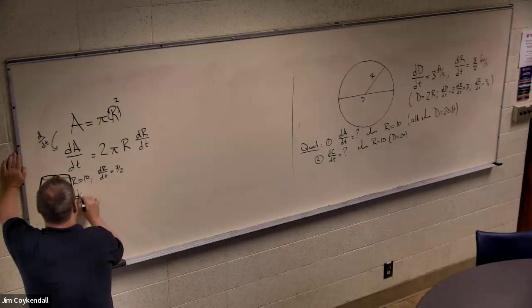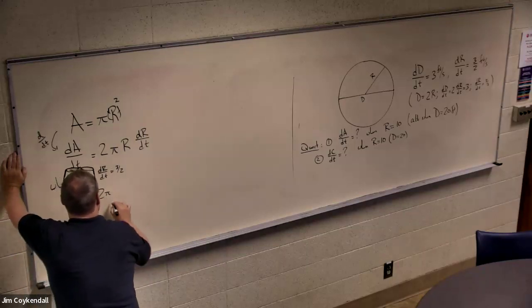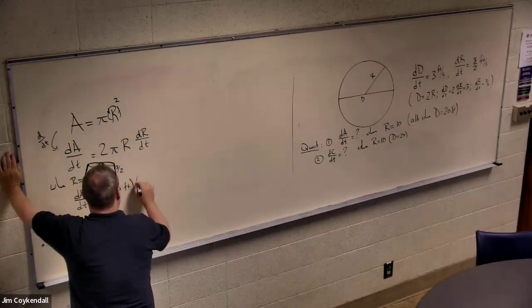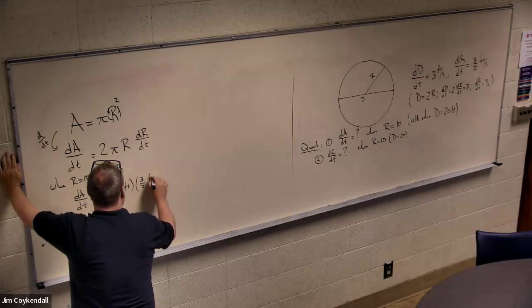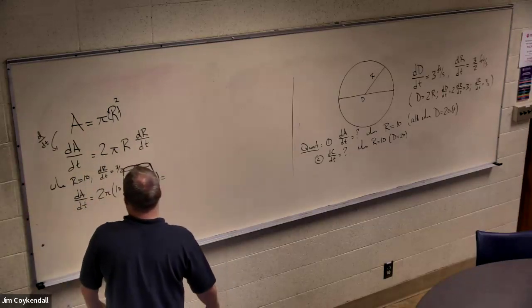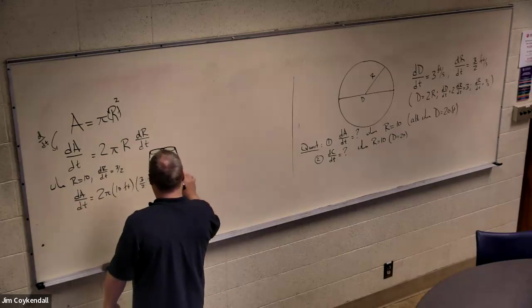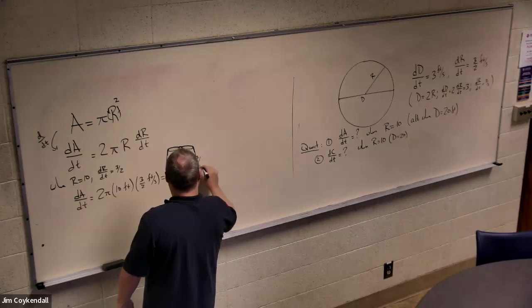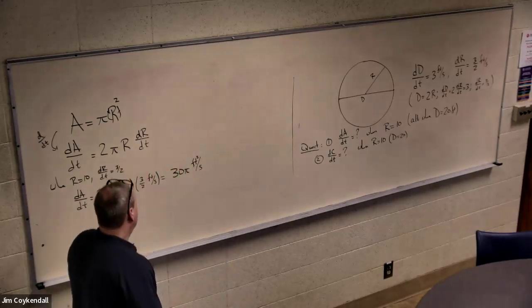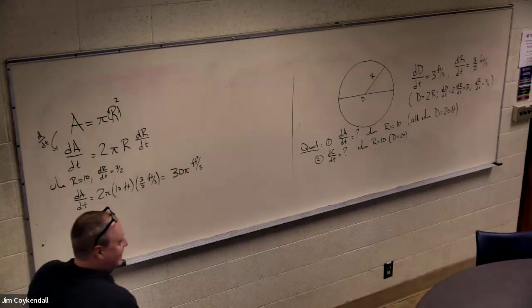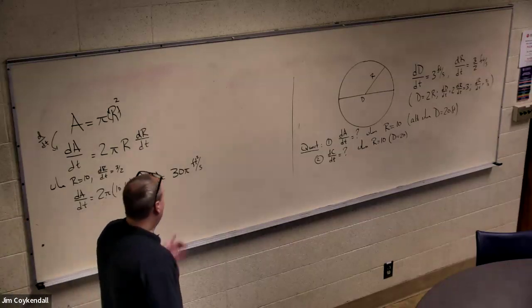I get dA/dt is 2 pi times 10 feet times 3/2 feet per second. And what do I get here? I get 30 pi square feet per second. So that is how fast the area is changing.